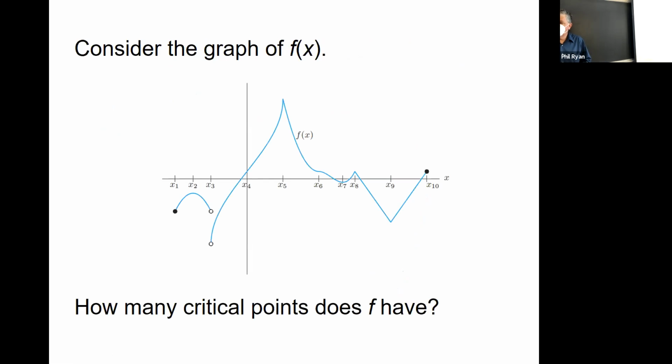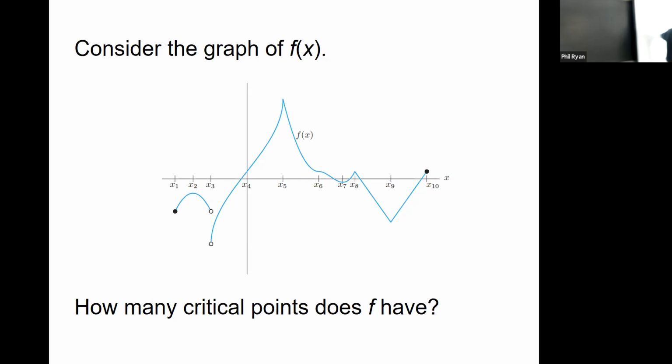How about this one? How many critical points do we have? So we've got all the normal ones. We've got here, 1. We've got here, 2. Here looks like there's 1 flat here, here, here, and here. This is not a critical point because the function is not defined here.